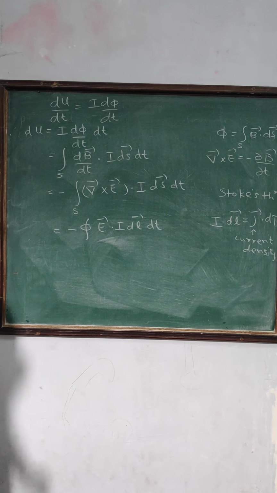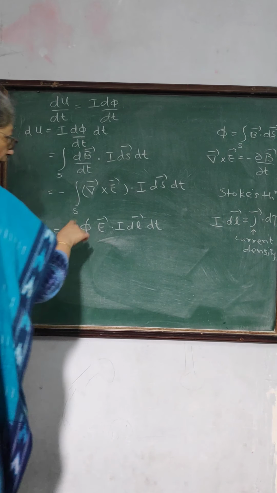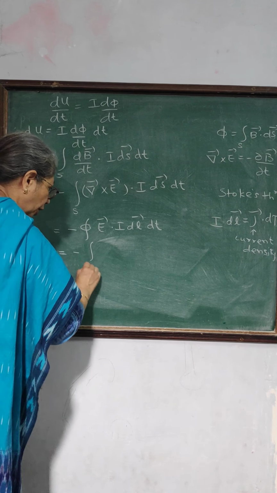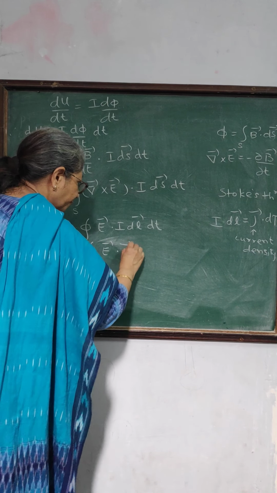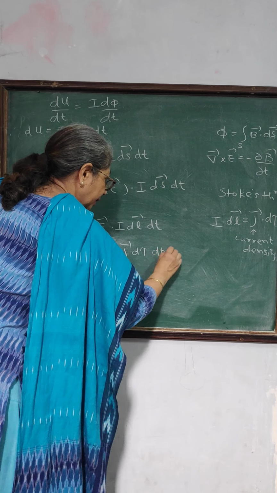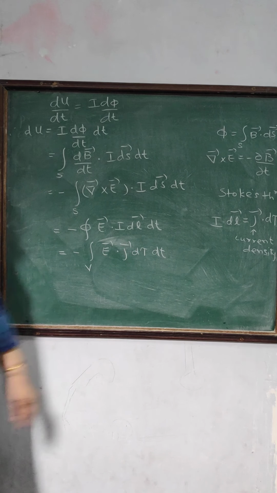Since this is d tau, it will not be a line or contour integral, it will become a volume integral and will be equal to E dot J d tau dt.